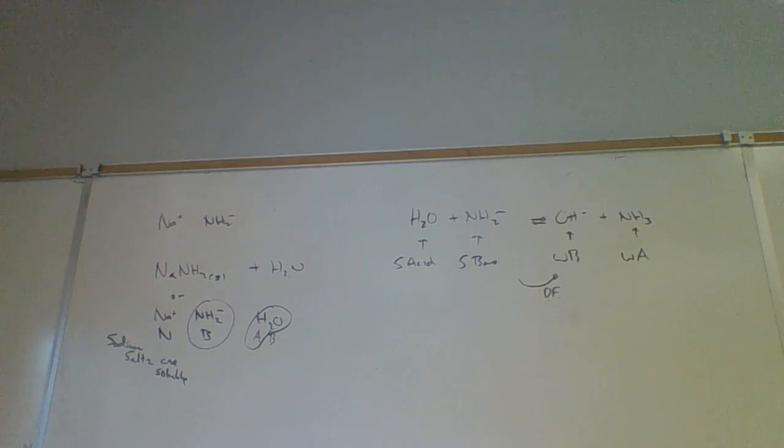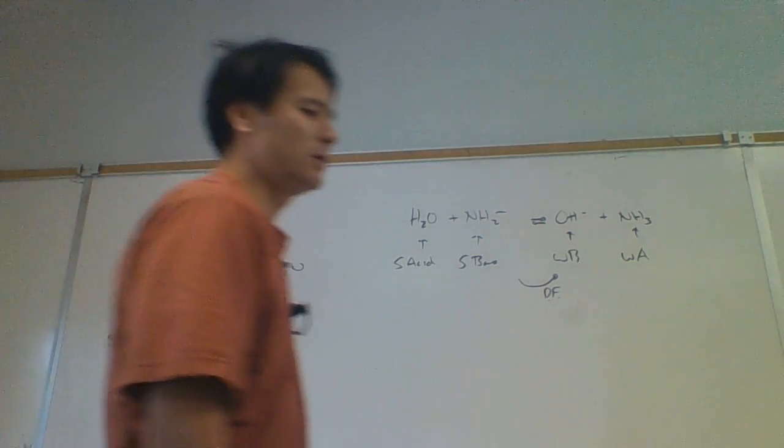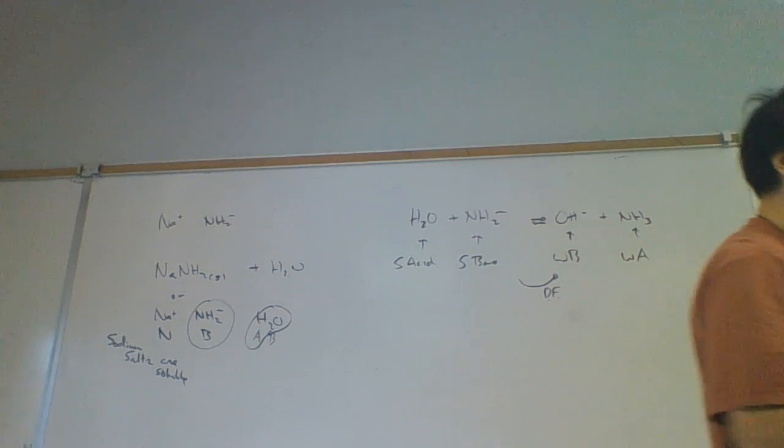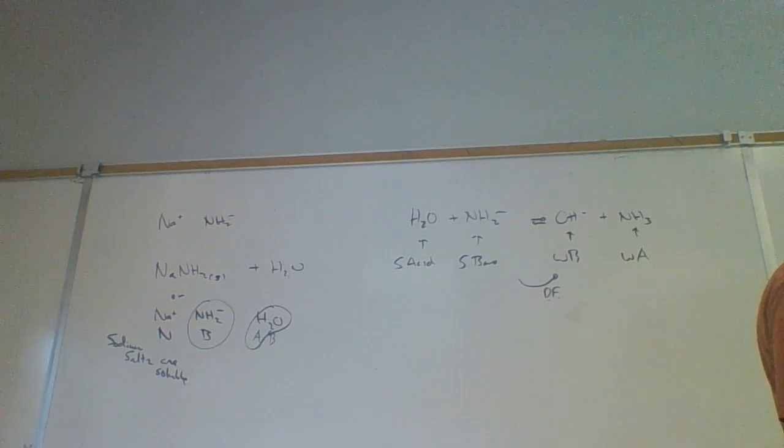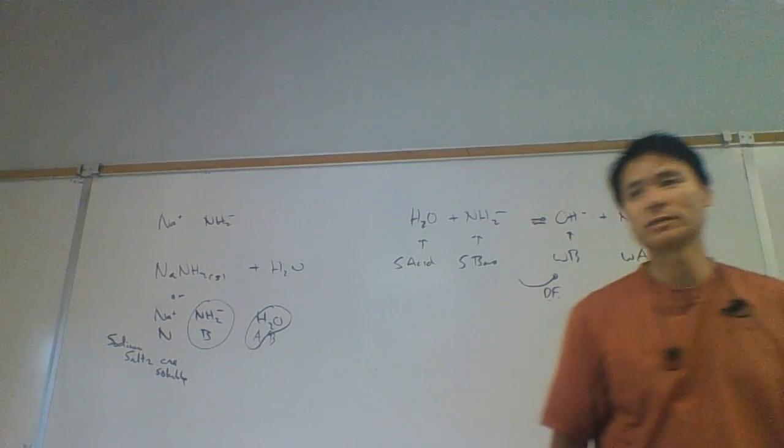For Lewis acids and bases, at the bare minimum we need the Lewis structure, the arrangement of the atoms. We haven't even gotten to structure yet, so I'm going to skip all this other stuff. We're just doing Bronsted for right now. We'll come back to Lewis later.